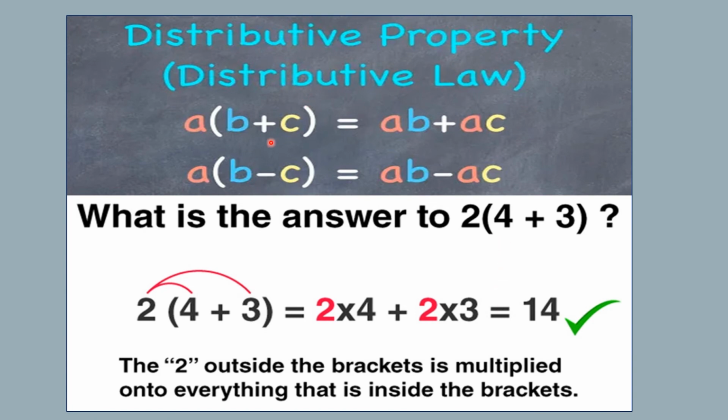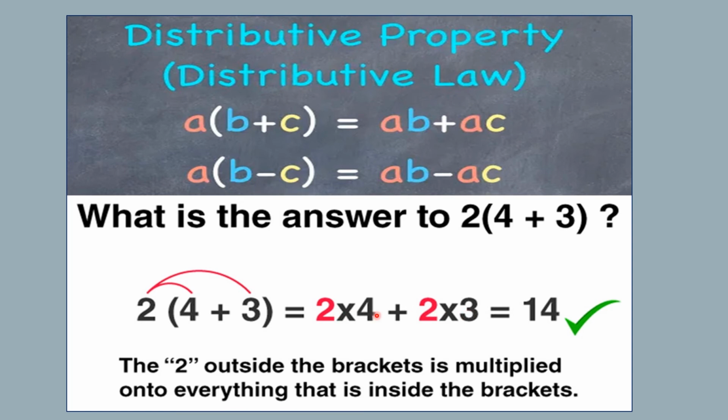The distributive property can also be shown by using a general rule, that is a × (b + c) is equal to a × b + a × c, and a × (b − c) is equal to a × b − a × c. Now let us check, is it true? 2 × (4 + 3). So 2 × (4 + 3) can be written as 2 × 4 + 2 × 3.